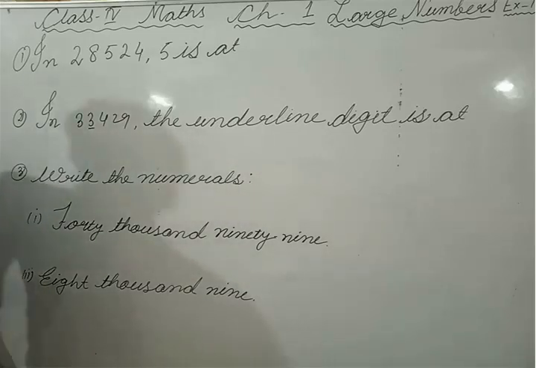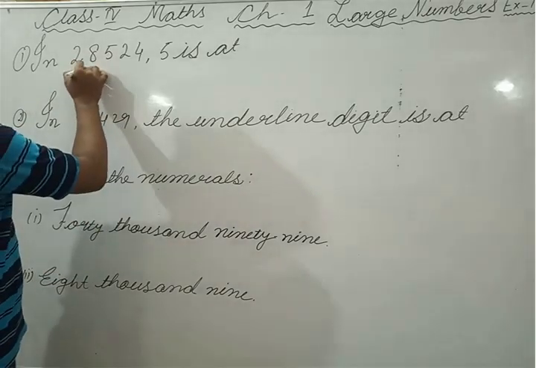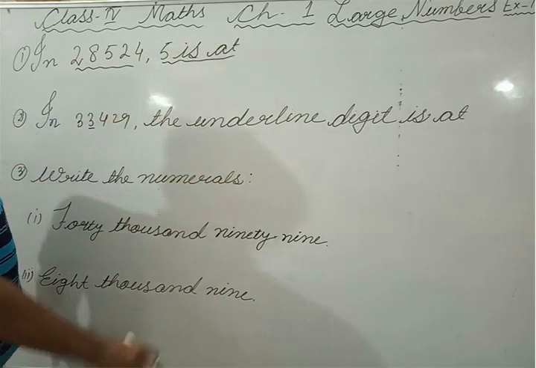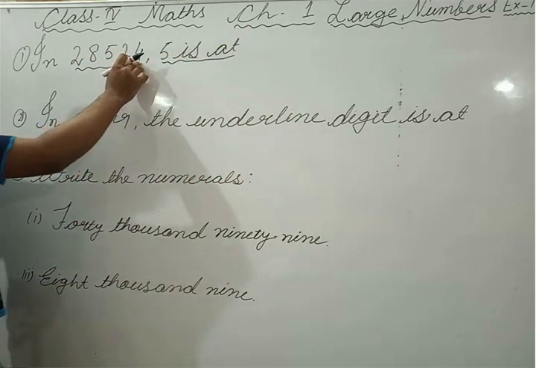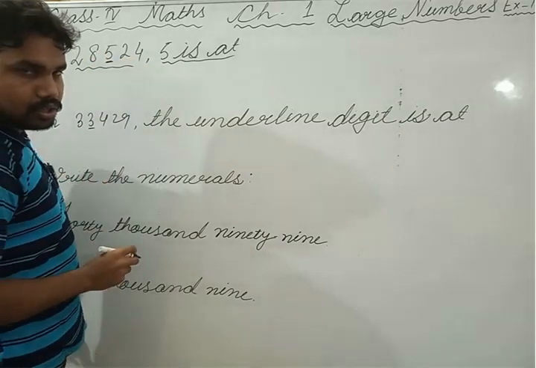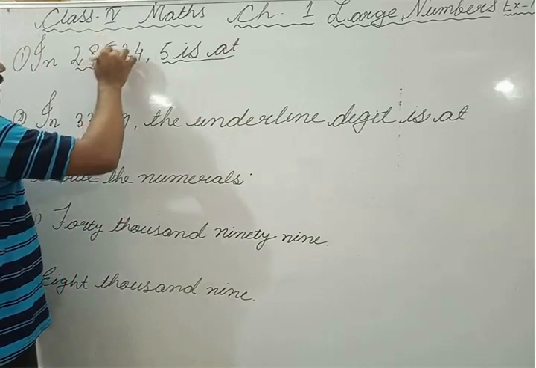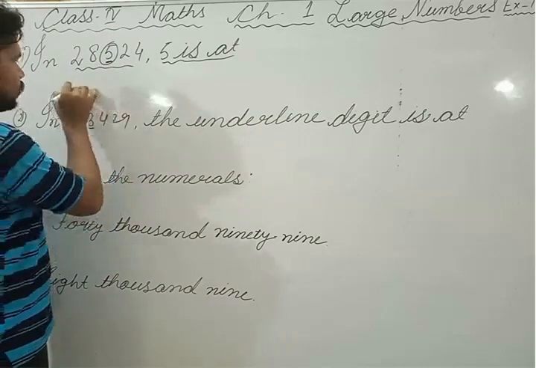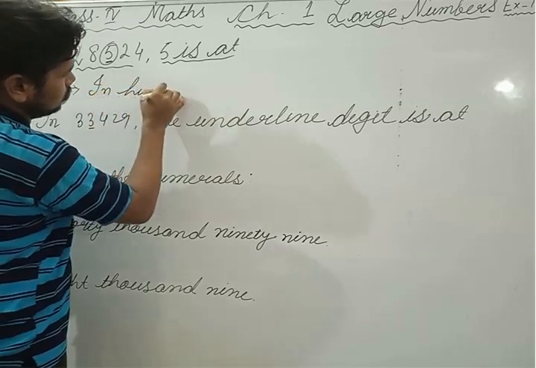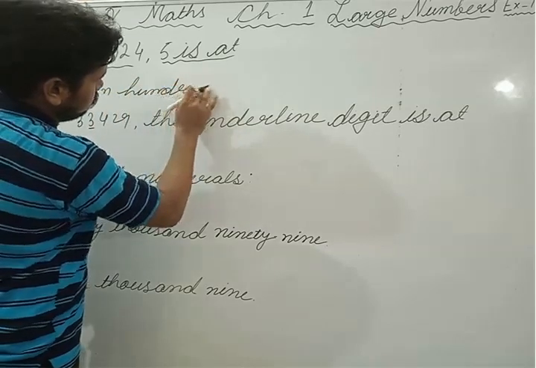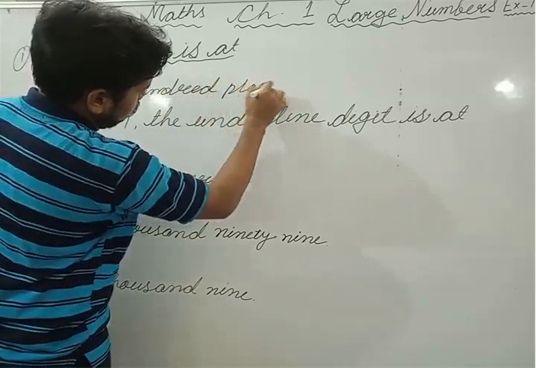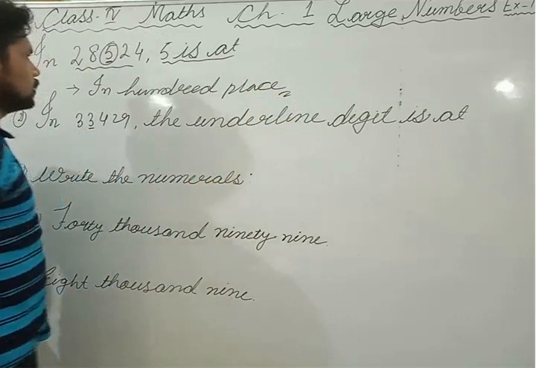The next type of problem is: in this particular number, you have to write the place of 5. Very simply you have to check 1s, 10s, 100s. So in which place is the 5? In the 100 place. So the answer will be 100 place.